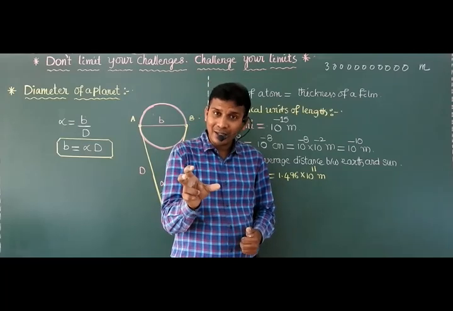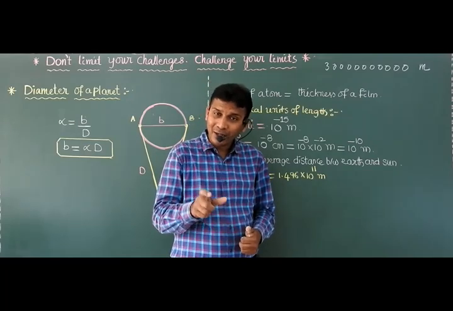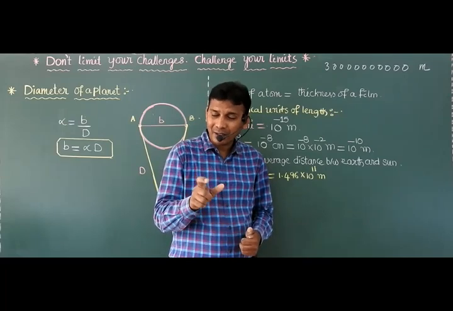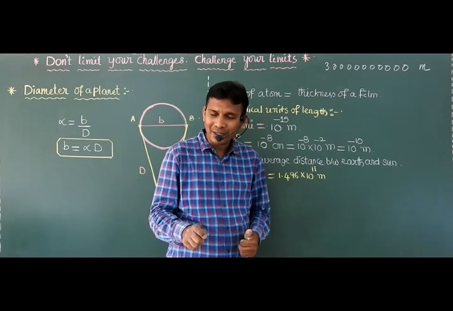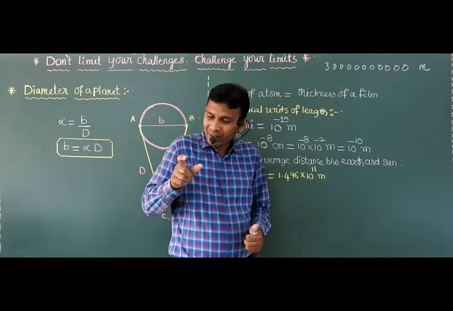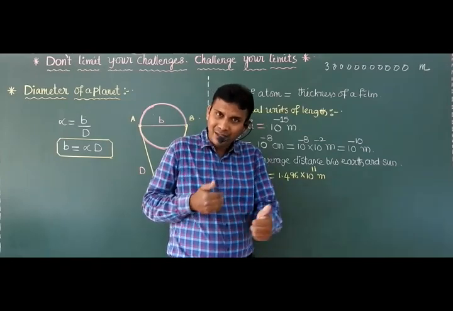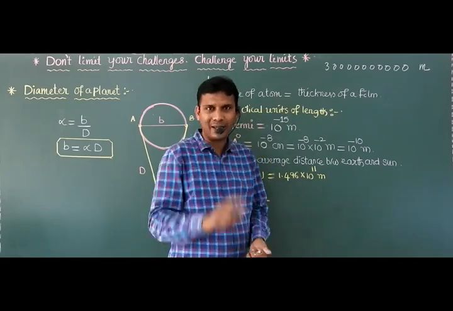So in 1 year, with a speed of 3 into 10 raised to 8 meter per second, whatever distance is covered by the light, take that as 1 light year.